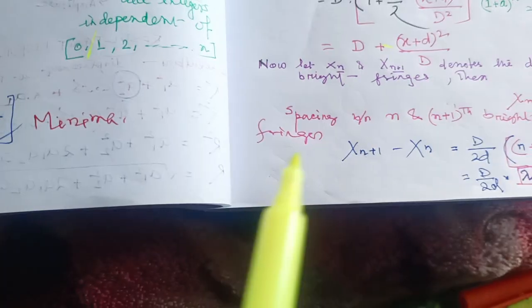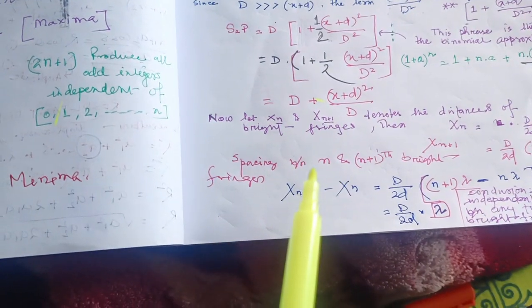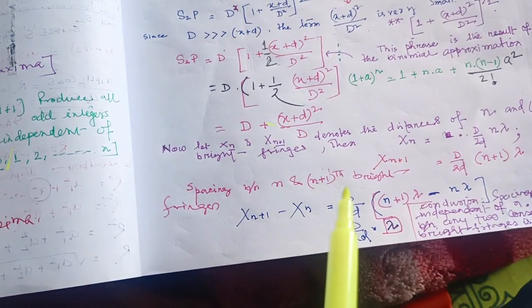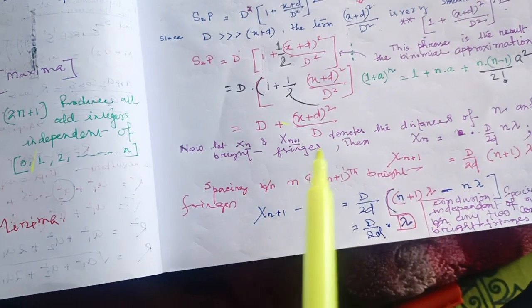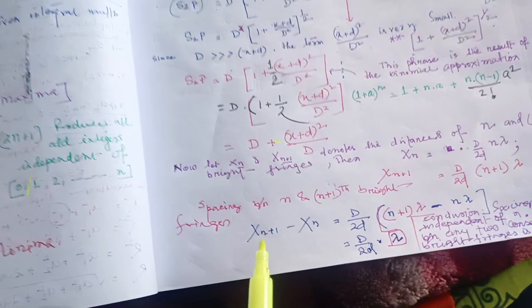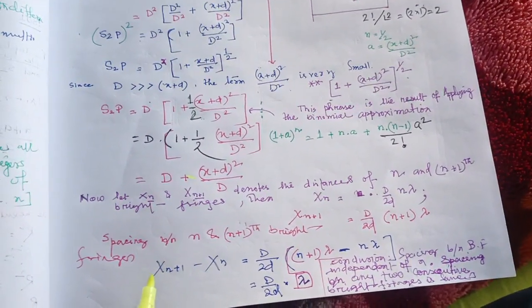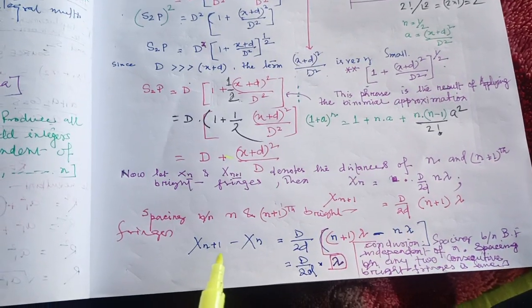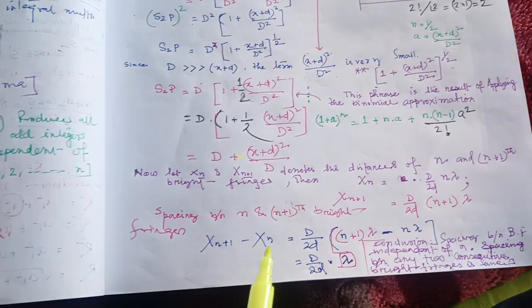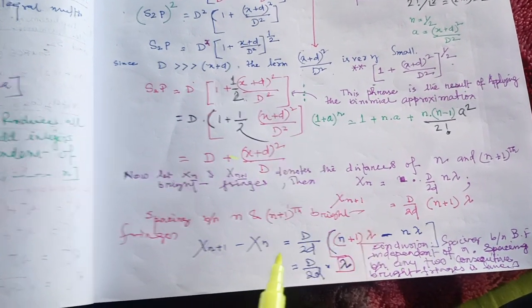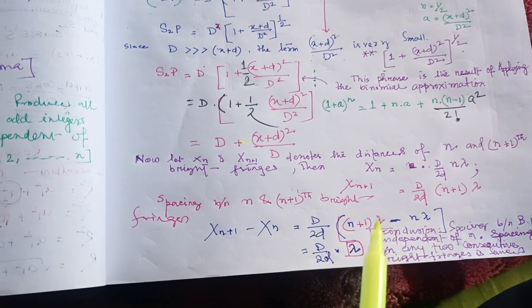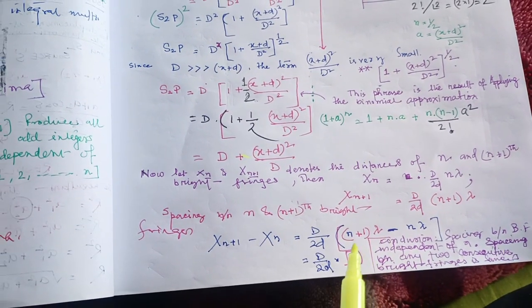Again you see, the spacing between the nth and the next bright fringes. I have taken this for bright fringes, but if you take dark fringes, then also it is possible. Just you put the diagram. So for n and n plus 1, if you just multiply, you will get this equation.